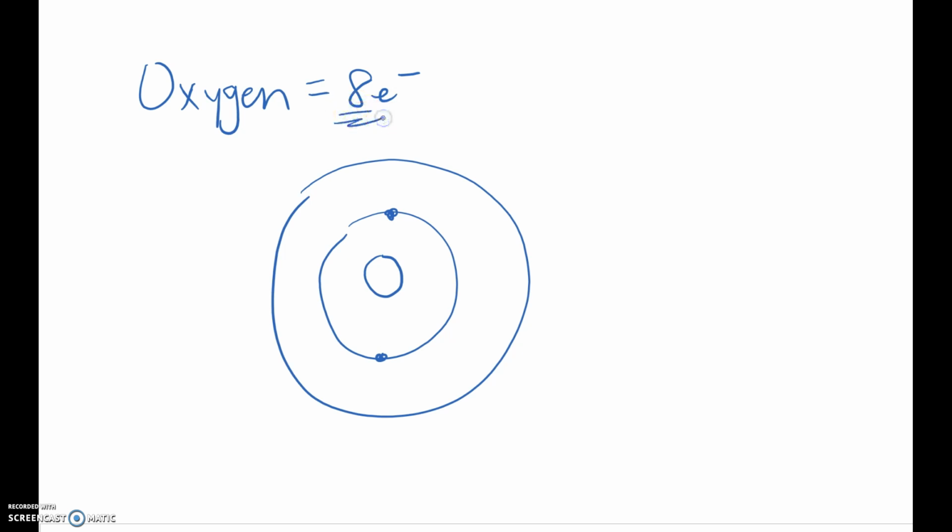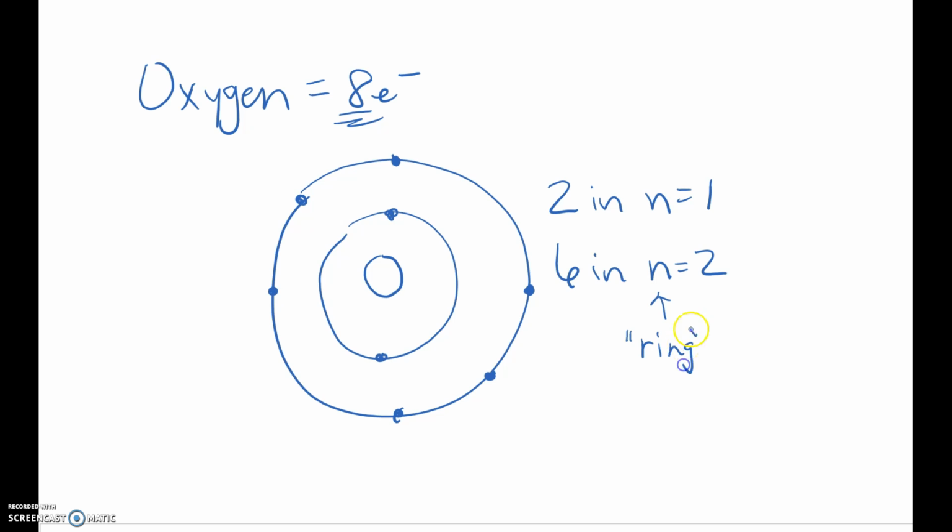I'm looking for a total of 8. So then you can just space your 6 dots around the outside. Okay? So you should have 2 in the first energy level and 6 in the second energy level. Okay? And the N means basically the ring that it's in.